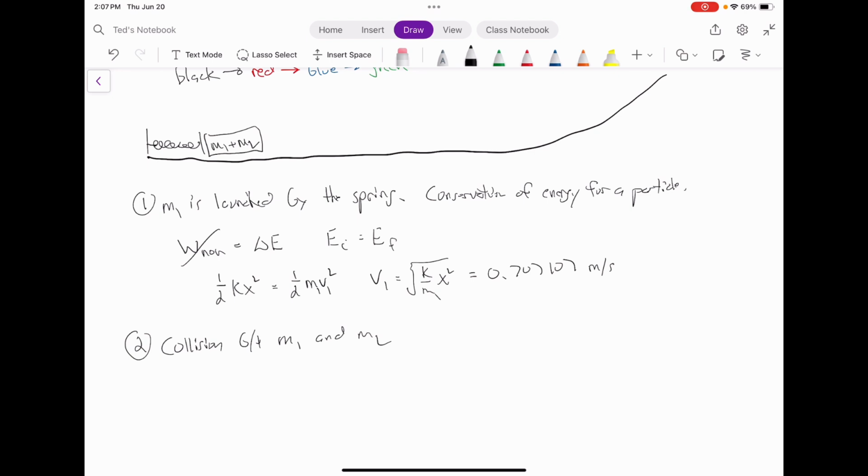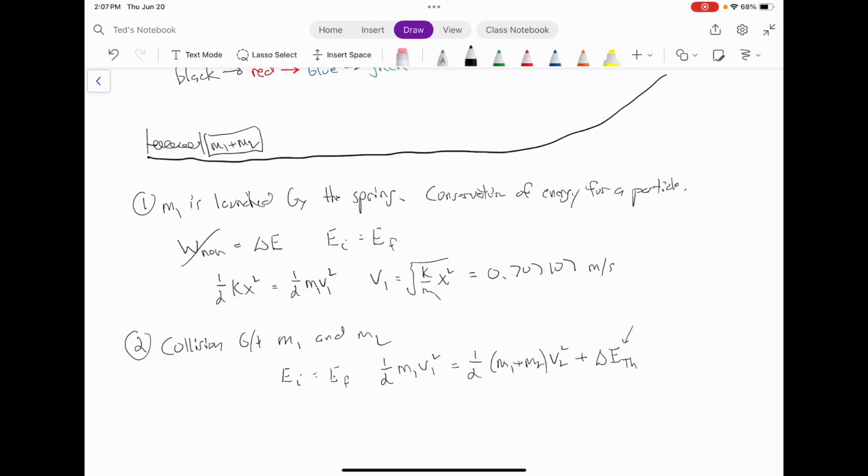So even though it is true that energy initial is equal to energy final, so it is true that 1/2 m1 v1 squared is equal to 1/2 (m1 plus m2) v2 squared plus the change in thermal energy, because in that collision, some thermal energy is created. That's this term right here.